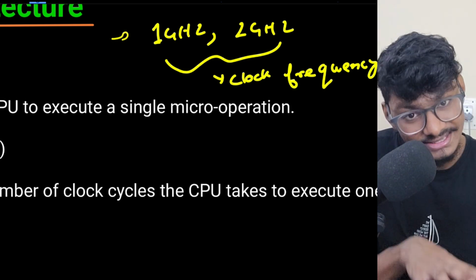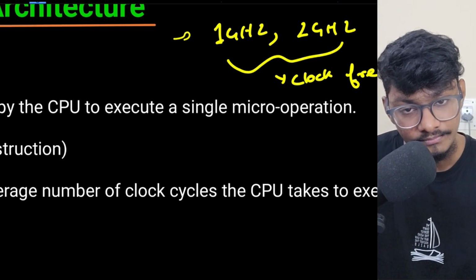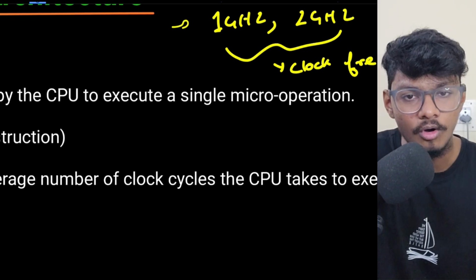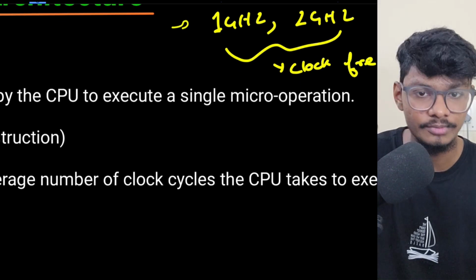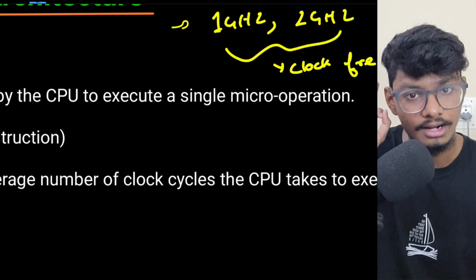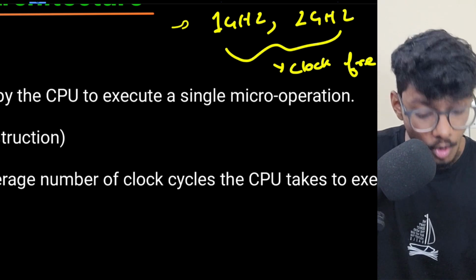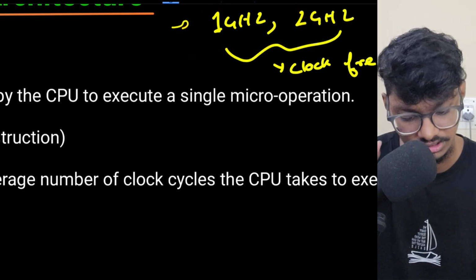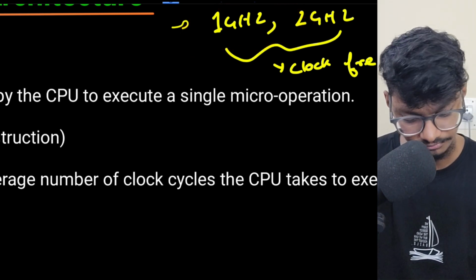Now, is this the same as the CPU cycle time or CPU cycle rate? No, this is not the same, because to perform different micro operations the CPU will take different times, but it will always be a multiple of this clock cycle. What do I mean by this?